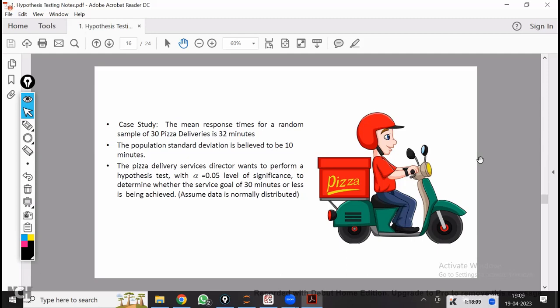Done? Completed? If completed, raise your hand once again, please, whoever has done. One. Absolutely no problem. Take the time. For me, time is not important. The correct answer is important.